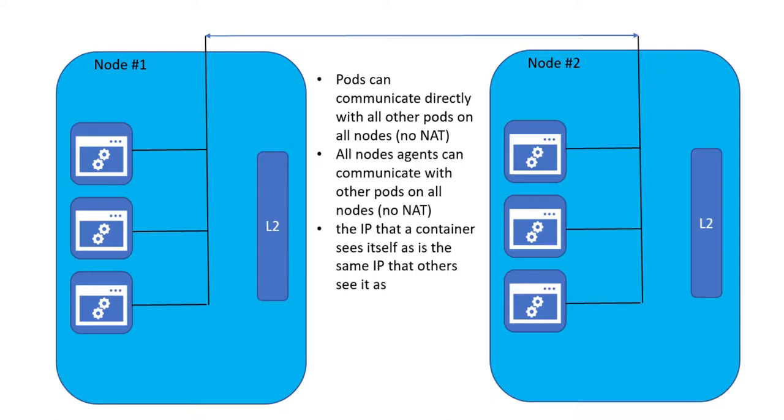VLANs are one of the examples, so that we can just spread this layer 2 network over all the nodes. But this is literally making the layer 2 over those different connections between nodes. It has its own problems, especially when this layer 2 domain grows.